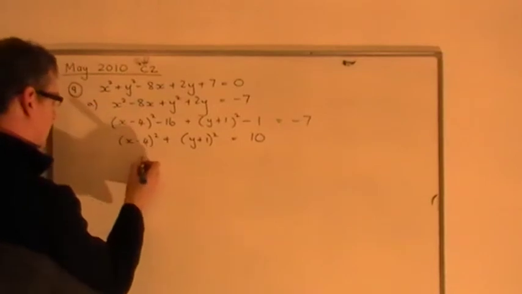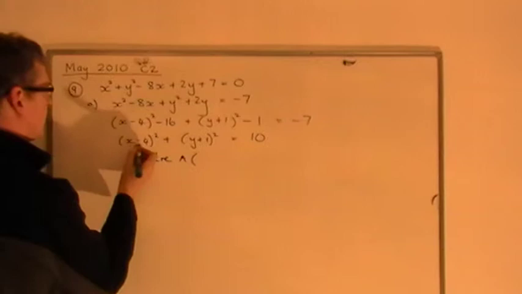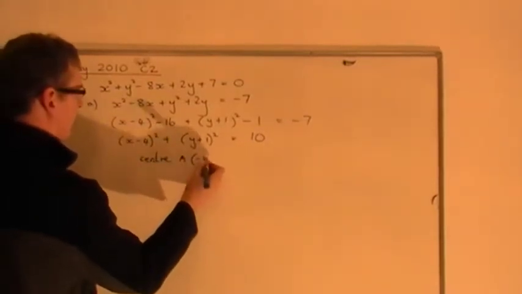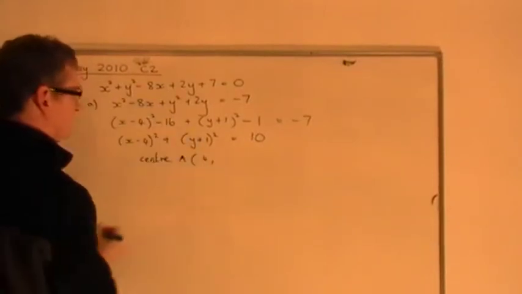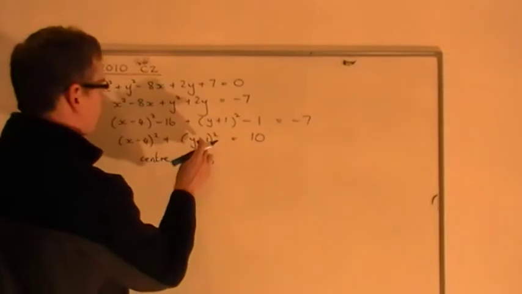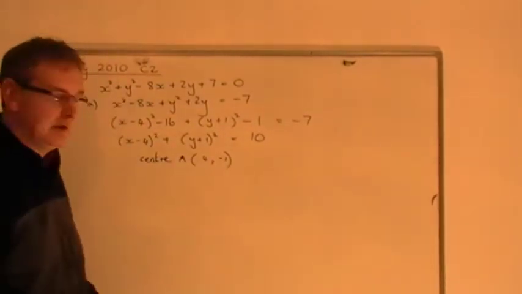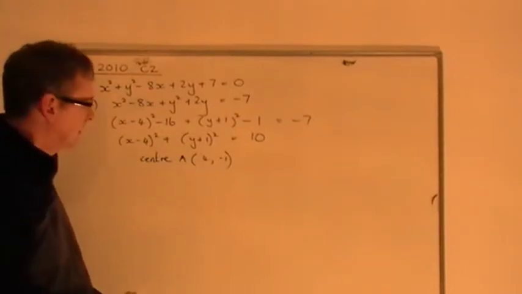Once it's in this notation, I can say that the centre point A has got coordinates, well, if it's minus 4 there, it's going to be centre 4, and if it's plus 1 there, it's going to be minus 1 there. So we've got the centre of the circle is 4 minus 1, like so.